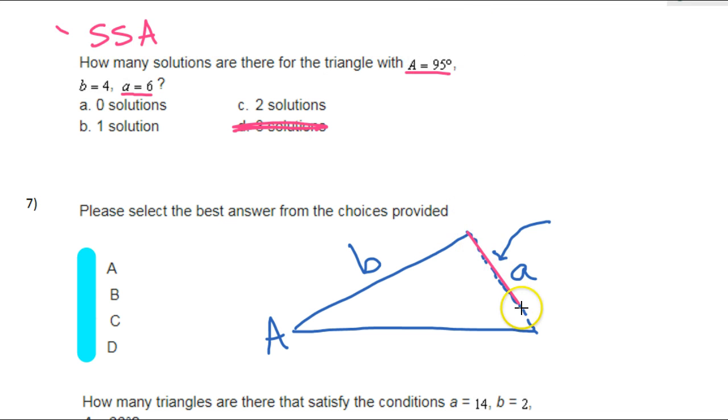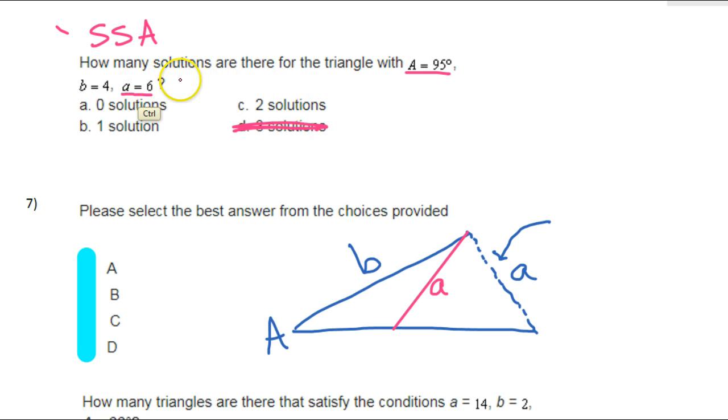Sure, I could put this side right here where it is, but I could take this exact same length and I could also put it inside the triangle like this. That's why you can sometimes have 2 triangles, one with the outer position and then a second triangle with the inner position with the same angle, side, and side.